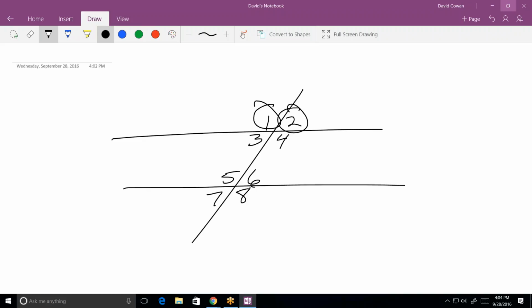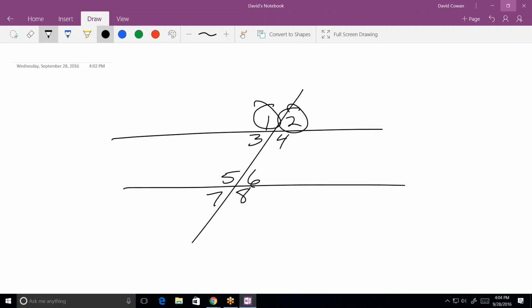And 1 and 5 are corresponding angles. That's what's corresponding. Okay, and 1 and 8 are alternate exterior. So for your geometry class, it's important that you know the names of these, alternate interior, alternate exterior, but that's not what's really important.